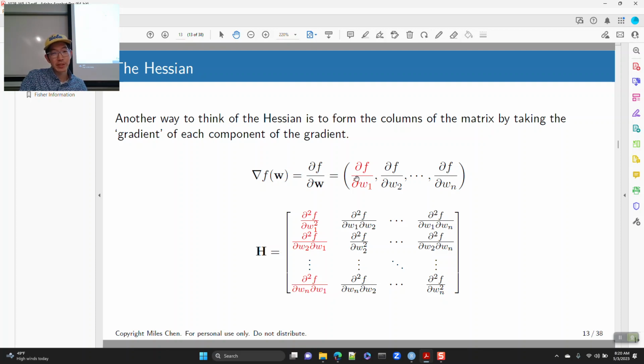So you take the quote-unquote gradient of the partial derivative of f with respect to W1, and you get this column of terms: the second derivative with respect to W1, the second derivative with respect to W2, and so on. That's how we build this whole thing out, okay?